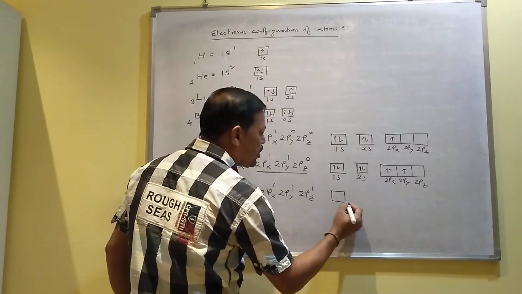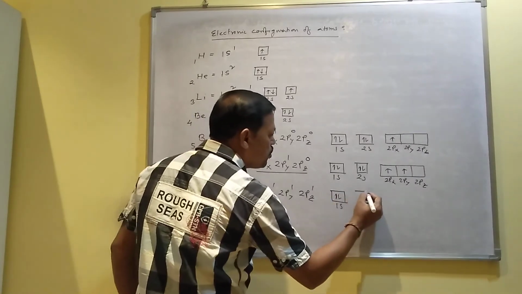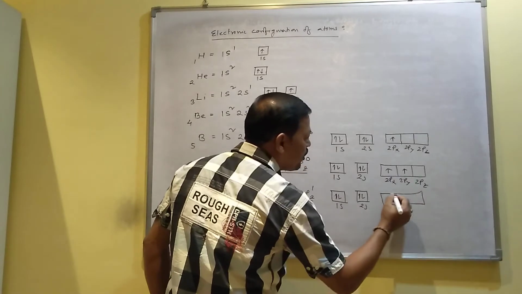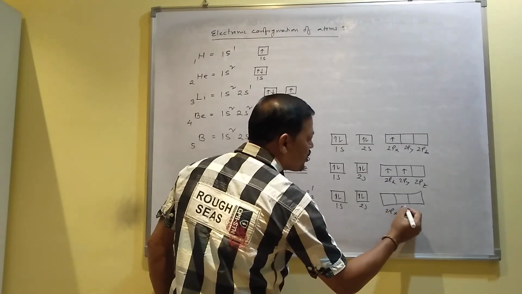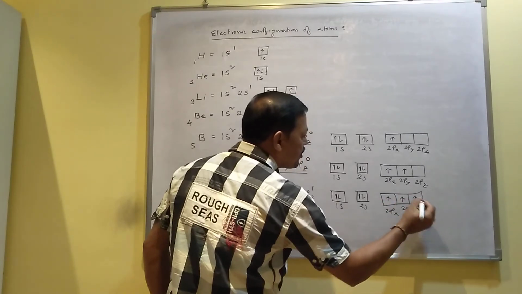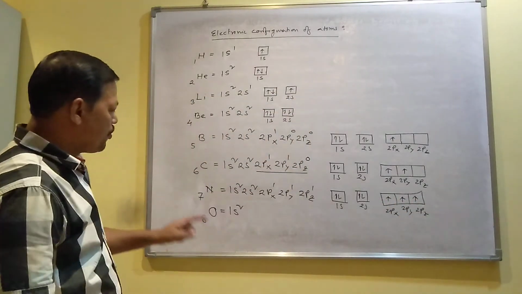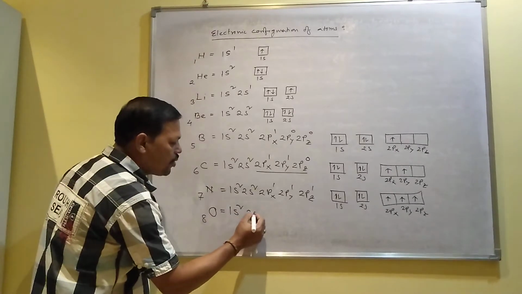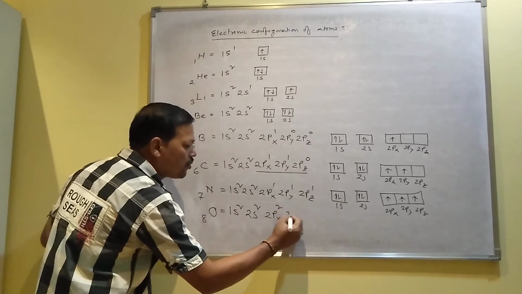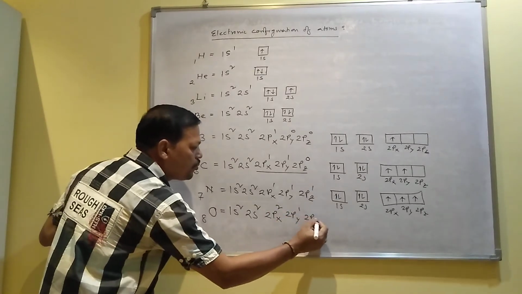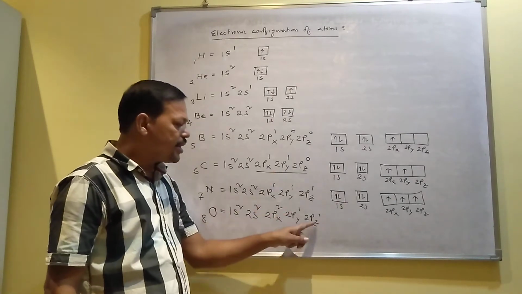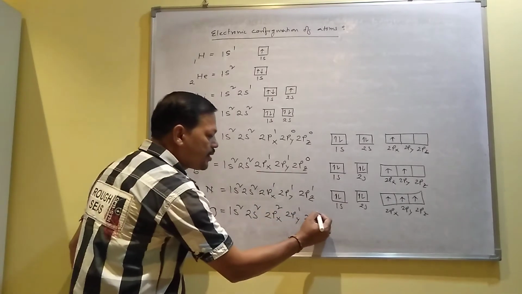For nitrogen, 1s2, 2s2, then 2px, 2py, 2pz, each containing 1 electron. Now for oxygen, 8 electrons: 1s2, 2s2, 4 electrons gone, then you can write 2px2, 2py1, 2pz1.